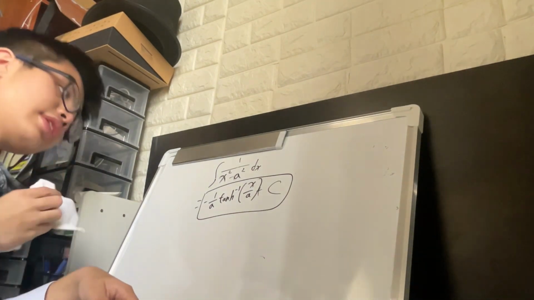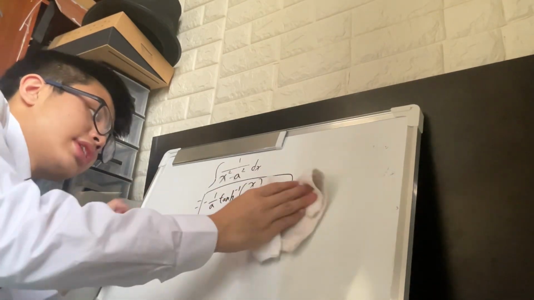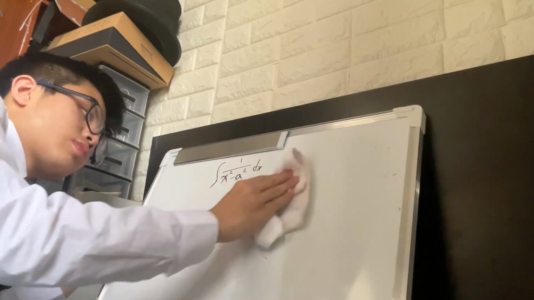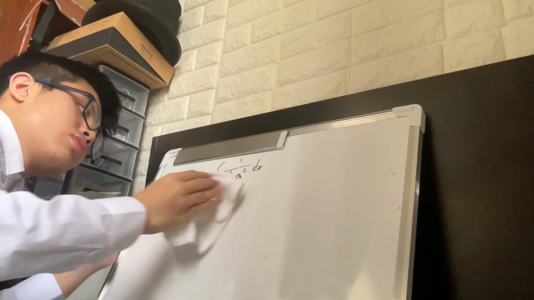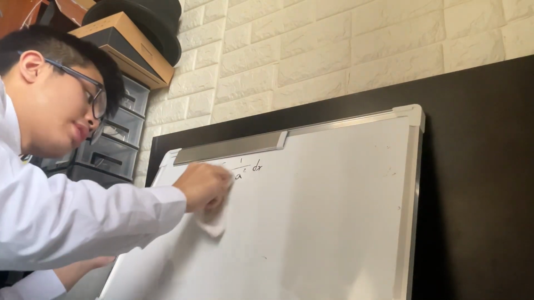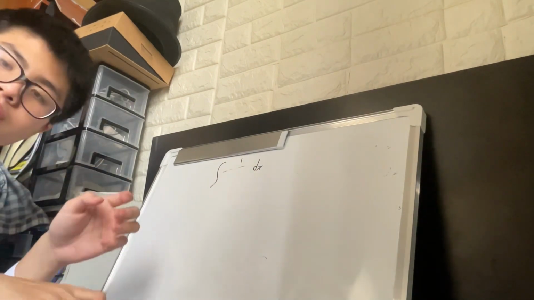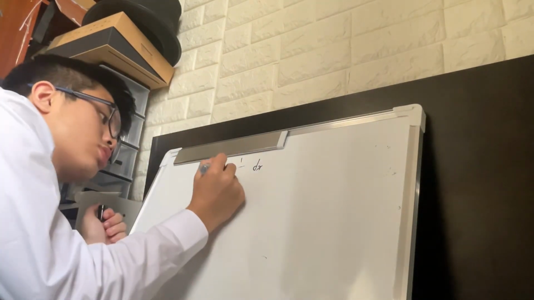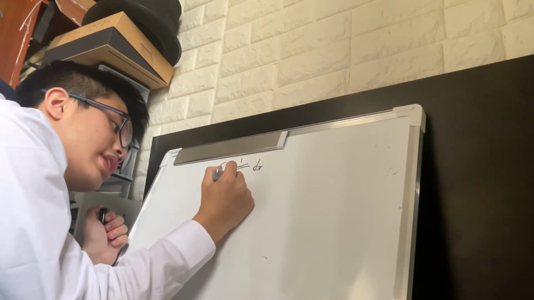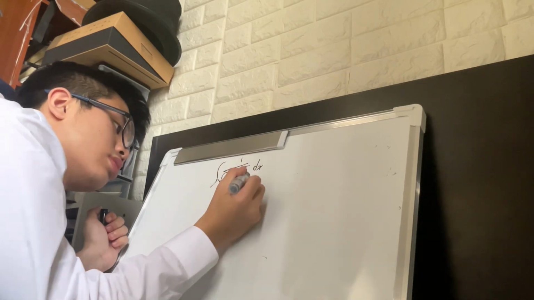And here our last formula, and this time we have a square root. We have a square root, but this time it's a squared minus x squared.